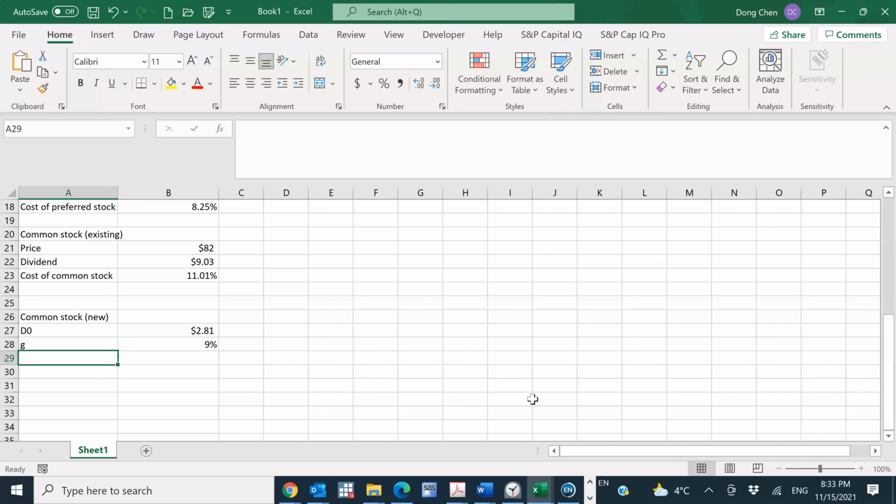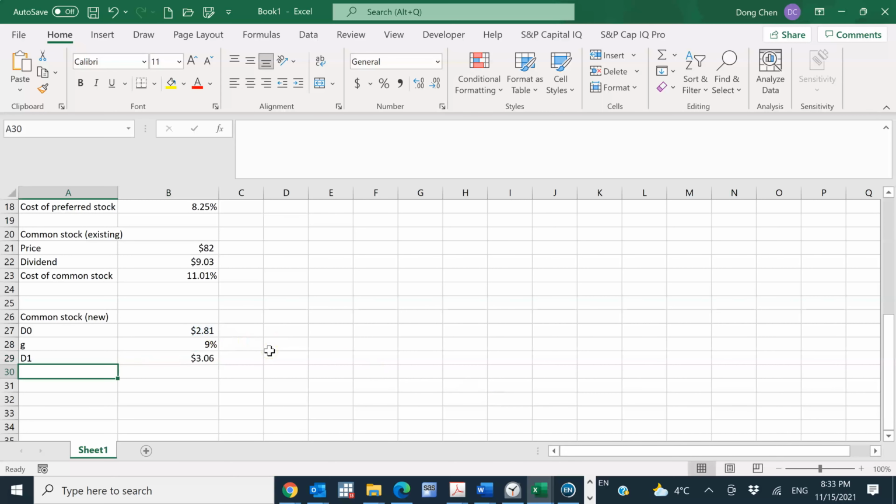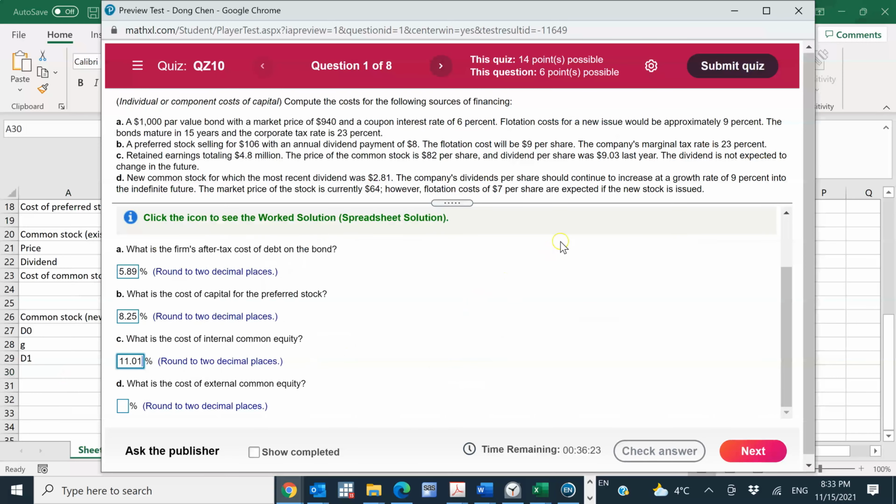So based on this D0 and G, we can actually calculate D1, right? D1 should be D0 times 1 plus G, because the dividend will grow at this 9%. So this will give us the dividend for the next period, and we will use that in the calculation of the cost of equity. And the market price of the stock is currently $64.